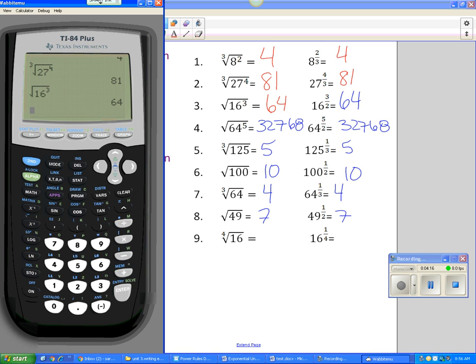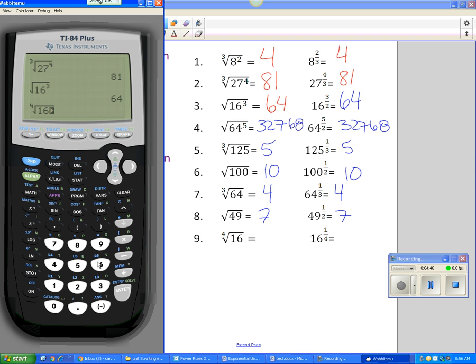Okay, let me show you how to do number 9 in your calculator. You're going to have to go to math again, but this time you want to go down to number 5, where it has an X in front. So everybody do this with me. Hit math, go down to number 5, and you're actually going to arrow over and make that a 4, and then you arrow back over, and you type in 16.